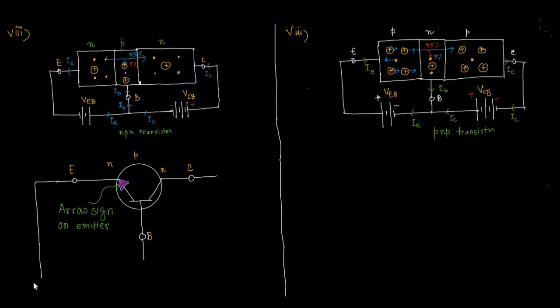We can connect the external battery for providing forward biasing of the emitter with respect to the base. This is the external battery, with negative and positive poles, having EMF VEB, and the emitter current IE will flow away from the NPN transistor. On the right hand side, we can connect another external battery for providing reverse biasing of the collector.